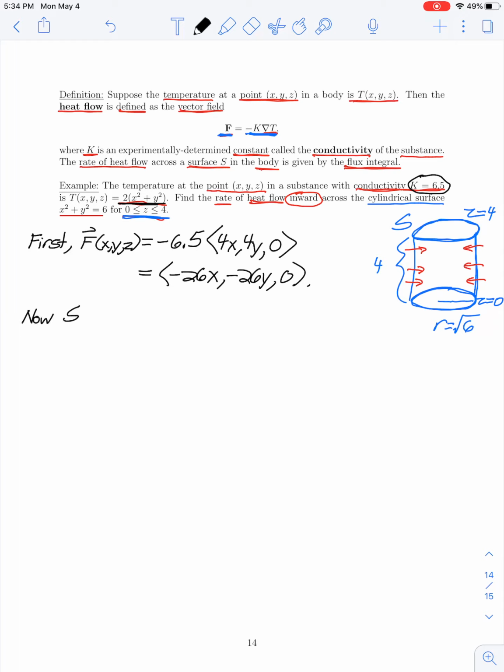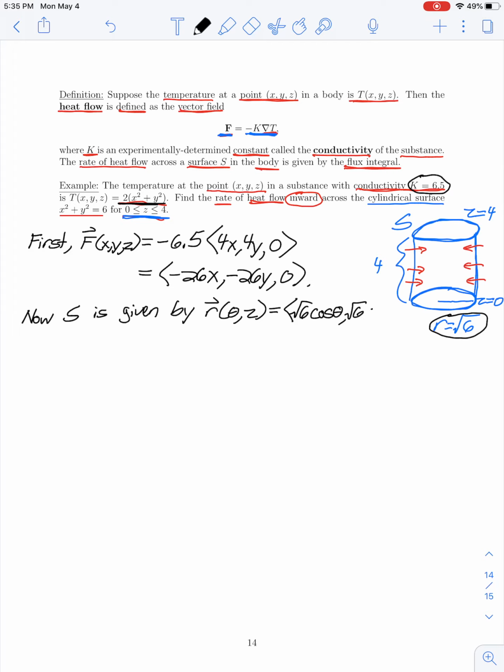So let's say now our surface S is given by the vector function, in cylindrical coordinates, r of the parameters theta and z, where the x-coordinate is given by r, in this case the radius of our cylinder is a fixed square root of 6, times cosine theta.